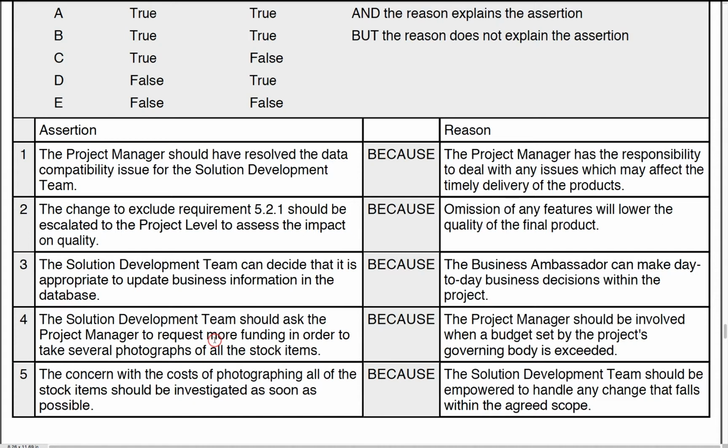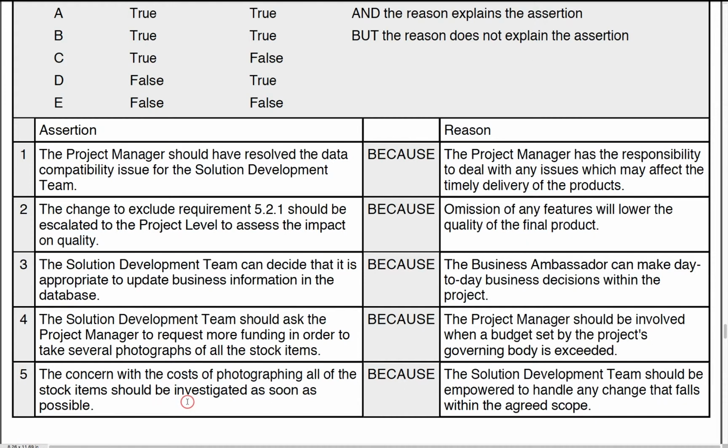That is just not something that is done in a DSDM Agile project. Number 5, the concern with the cost of photographing all the stock items should be investigated as soon as possible. Absolutely. Issues should always be raised immediately, or at least investigated, not necessarily raised by escalation, but raised and therefore investigated. So that is a true statement.